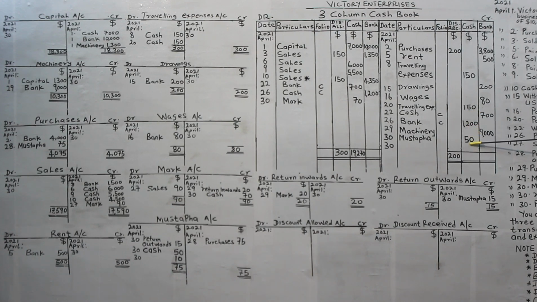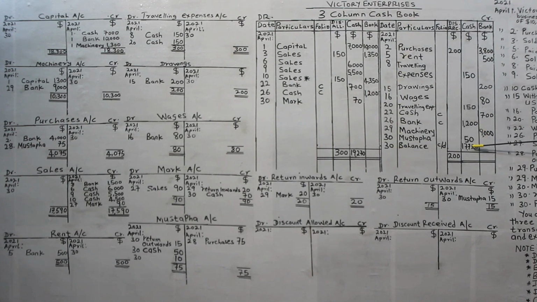That gives us 1,550. So we have a total of 19,270 minus 150 minus 150 minus 1,200 minus 50 gives us closing balance of 17,720. That represents the balance carried on for 30th April 2021.